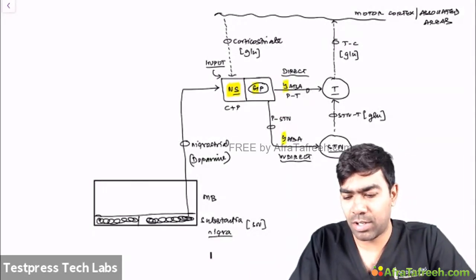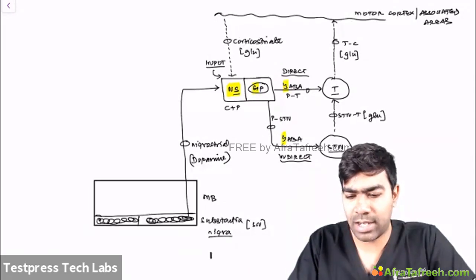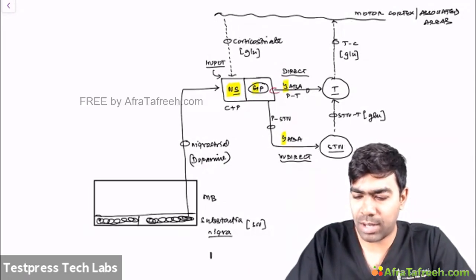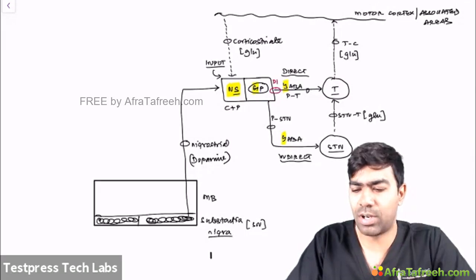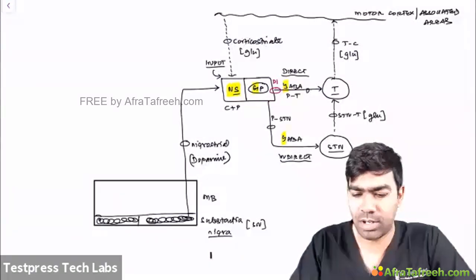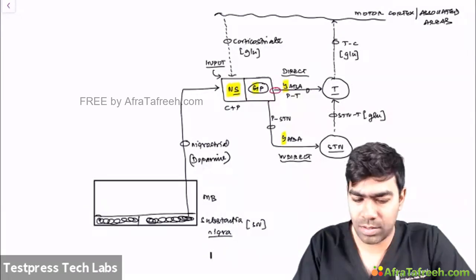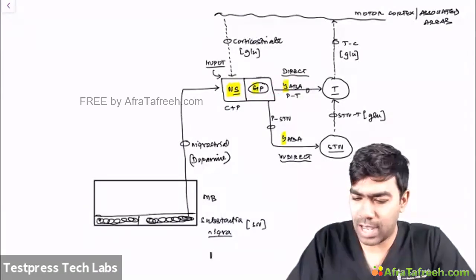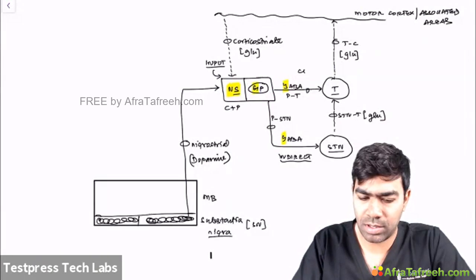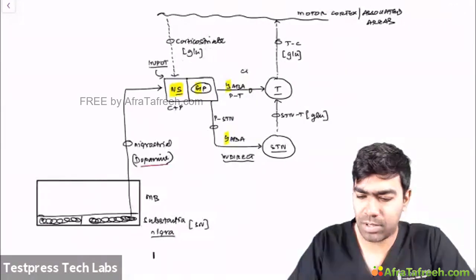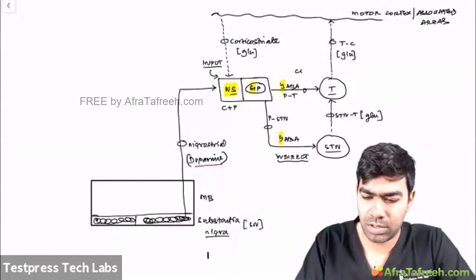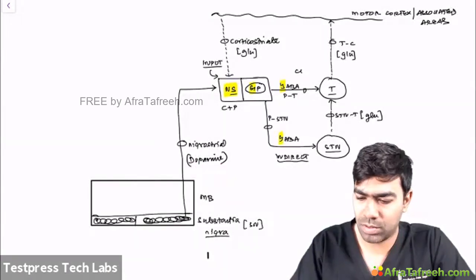You can ask, what about the direct and indirect pathway? Usually for the direct pathway, it is D1 receptors. That's very important. So for the direct pathway, dopamine is to activate the direct pathway.